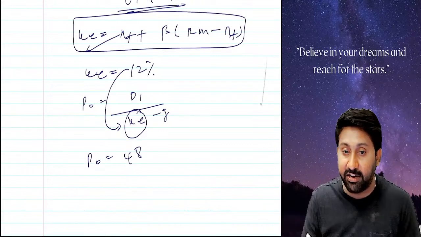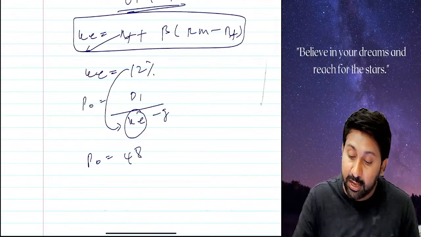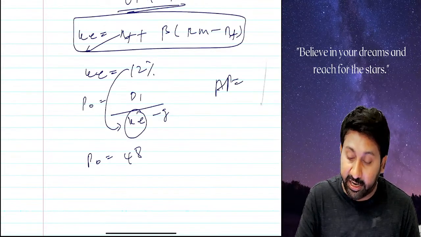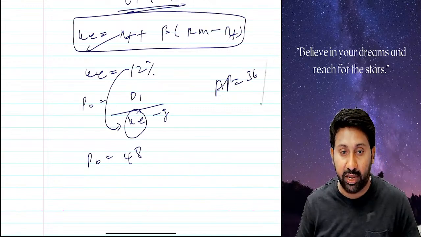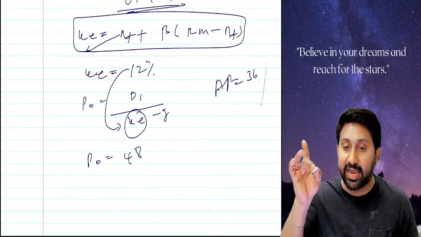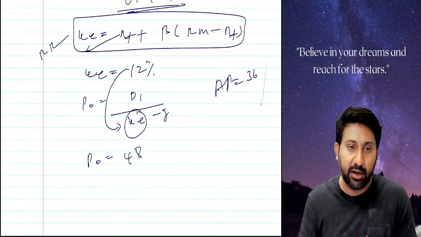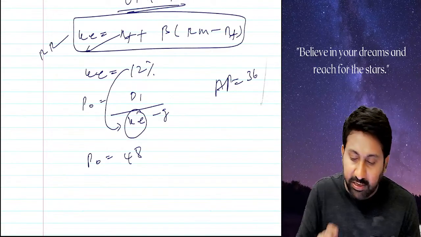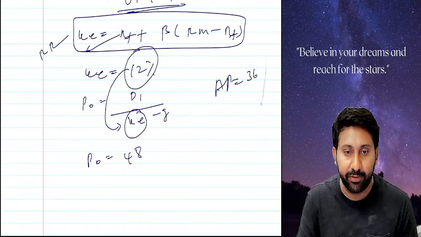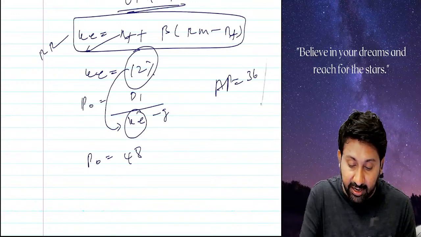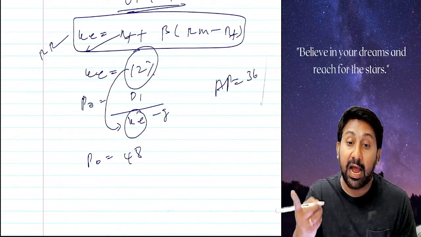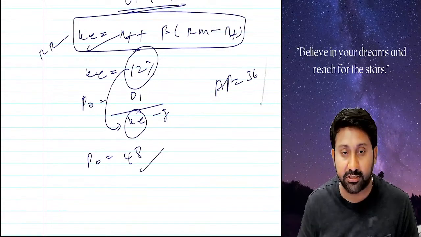In the question they will tell the actual price in the market is 36. Now tell me, how much is the KE? KE is called as required return. How much is the KE? 12%. Using the 12%, you calculate the P naught. Ideally, it should be 48.